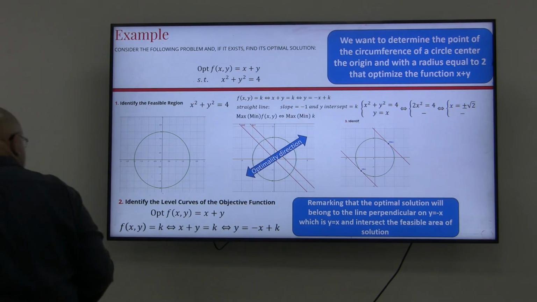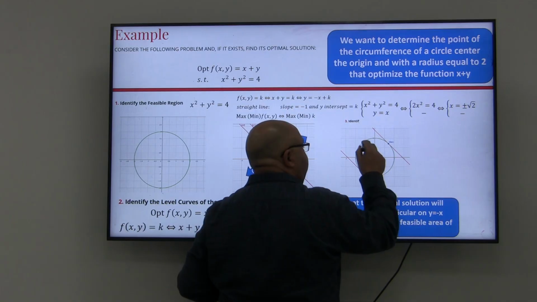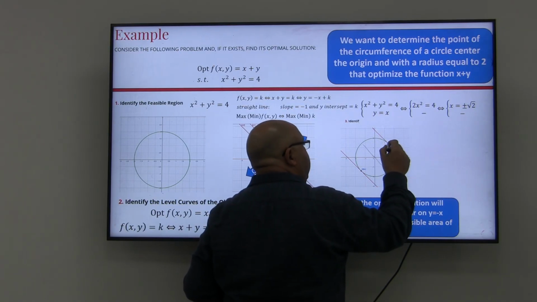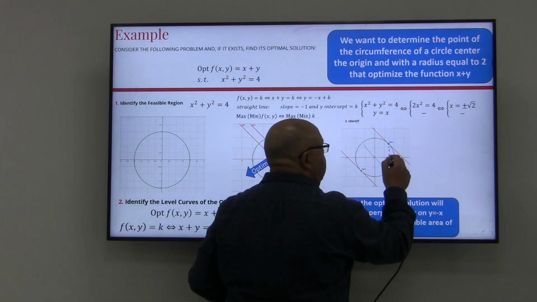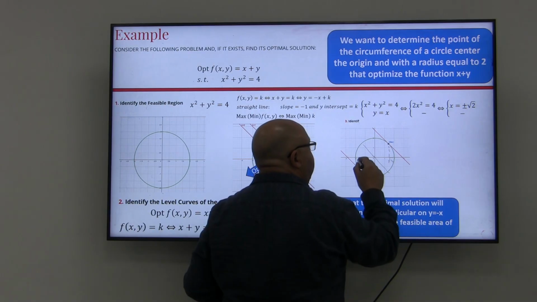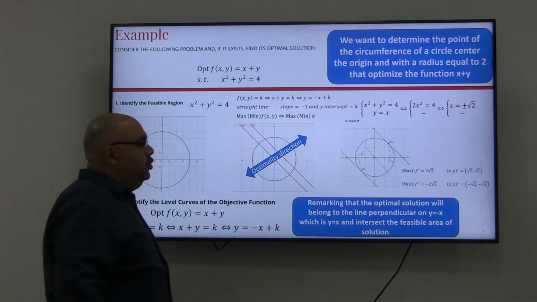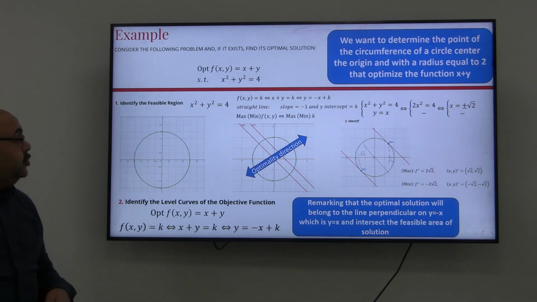This is y equal to negative x, and I will move it till the end, which is gonna be at this point at x equal to root 2, and that's the minimum at negative root 2, which are the same solutions that we already have in the analytic solution.